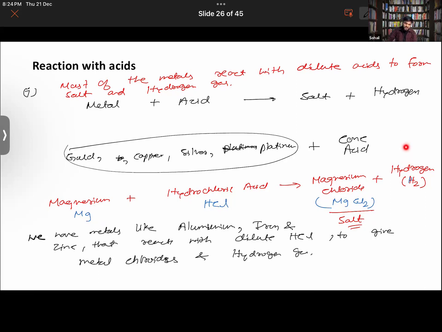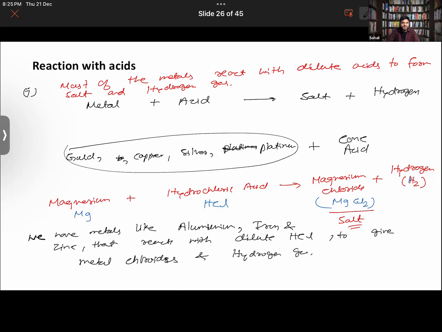In this case also, hydrogen gas is released. For example, take the reaction between magnesium and HCl. If you were to bring a lighted matchstick near the hydrogen gas where the reaction is happening, it will burn with a pop sound. Hope that is clear.